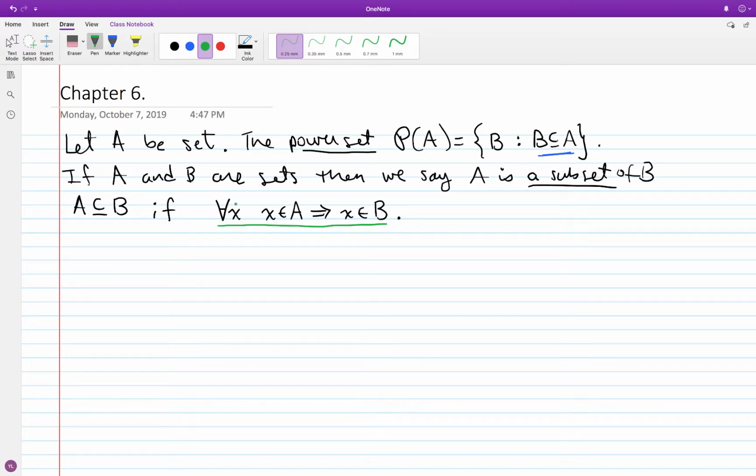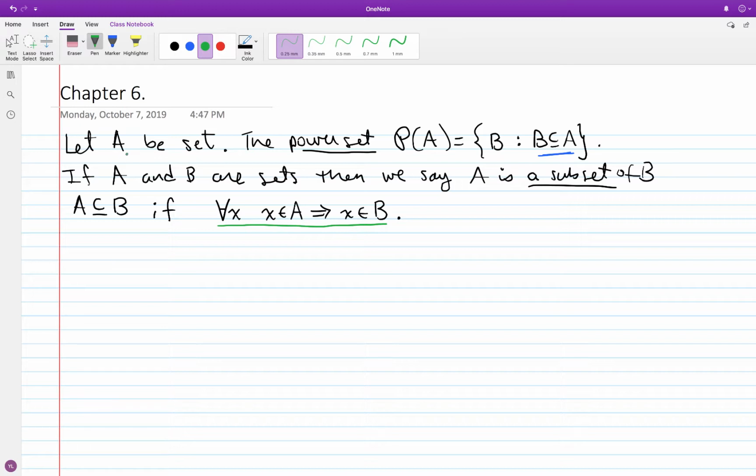You could say let X be arbitrary, suppose X is an element of A, and whatever that gets you, use it to prove that X is an element of B. Such an argument is called a point chase argument or an element argument.